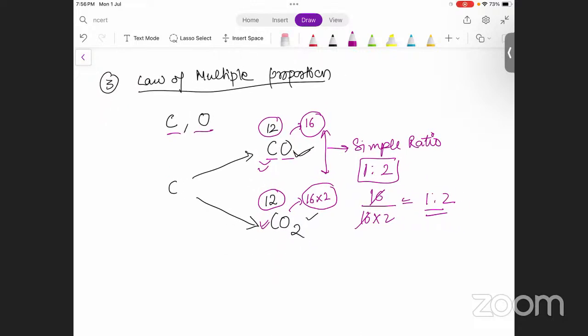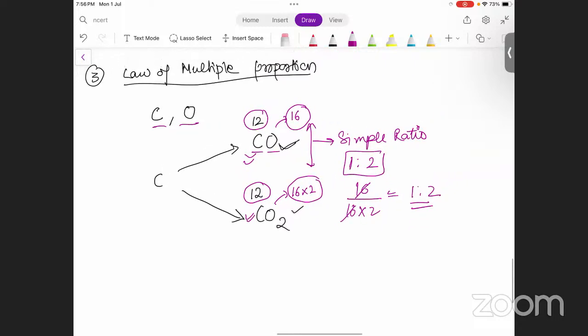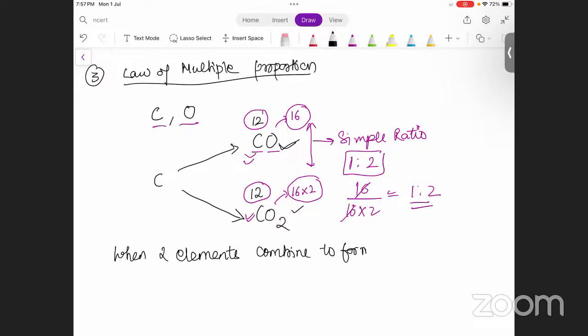So do you want me to write the definition? If you want the definition, then I'll write it here. Otherwise, we'll see one more example and then we will move ahead. Okay, I'll write the definition. When two elements combine to form two or more compounds, just understand it with this example.